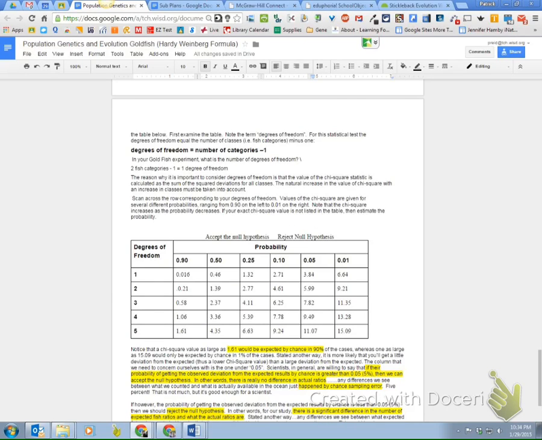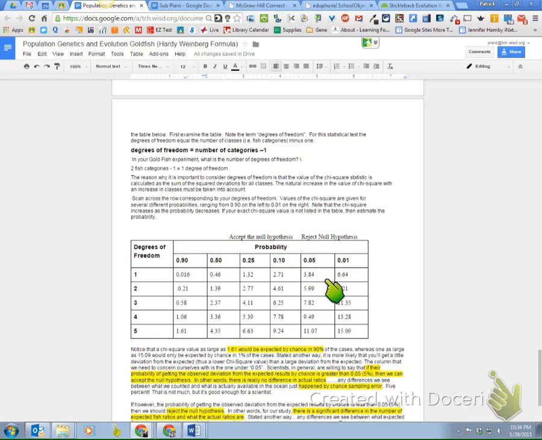So you then use this chart right here. On this chart, you need to notice this value right here. That value, 0.05: anything to the left of it, we're going to accept the null hypothesis. We're going to say that any percentage over here on the far left side is merely due to chance.